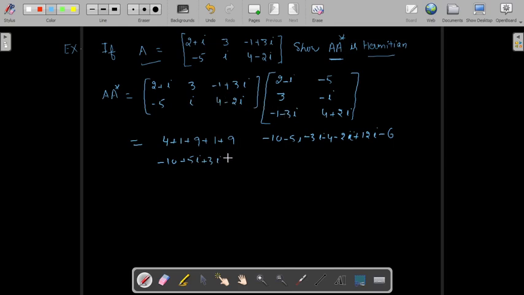This into this: so minus 4 minus 12 times iota. Minus 4 minus 12 iota. Next, plus 2 times iota. Minus minus plus, plus iota into iota minus, so minus 6. Here it is 6.